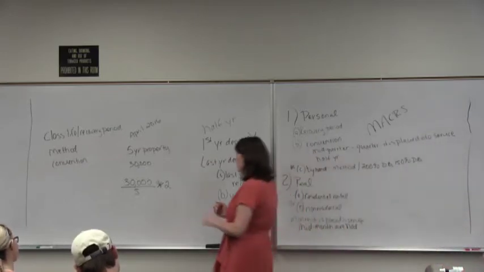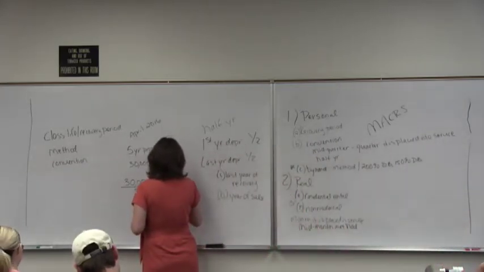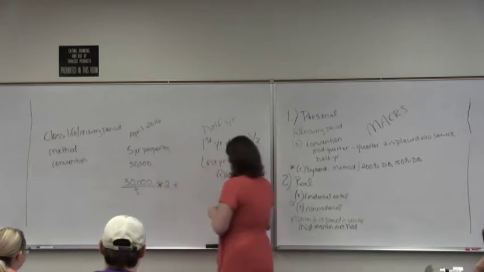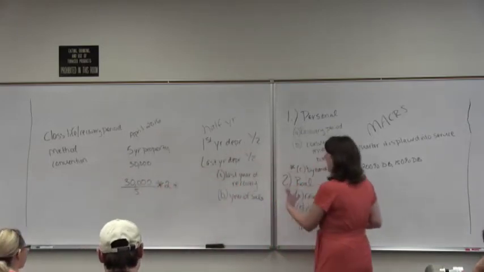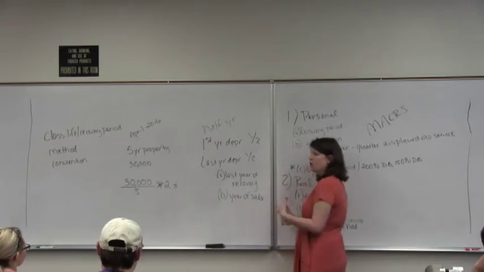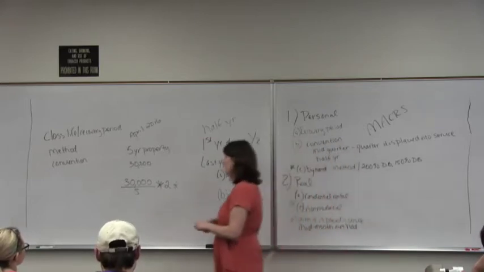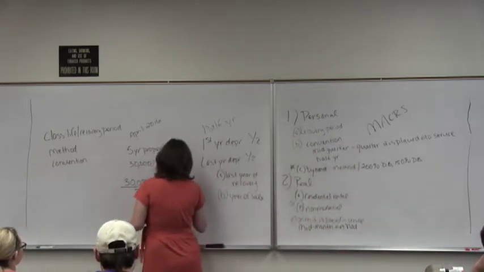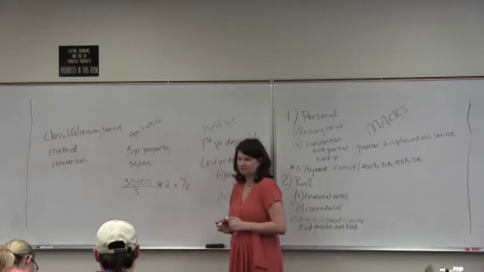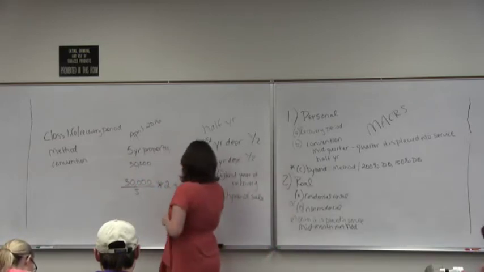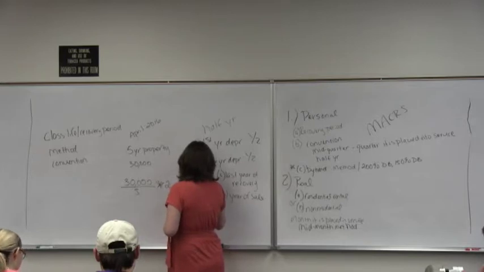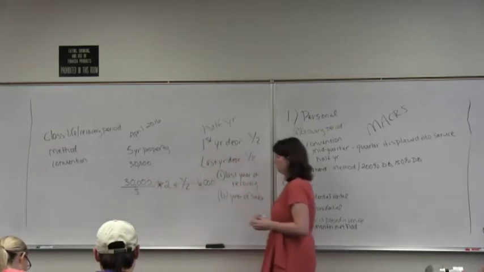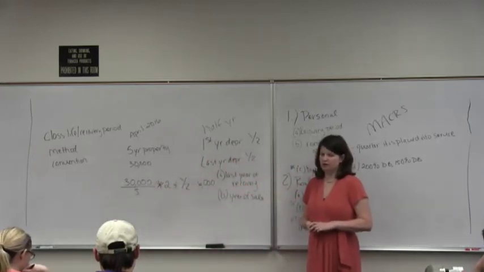And then in the first year, because we are using the half-year convention, they're only going to get half a year of depreciation. So we're going to multiply times 1/2. So in the first year, they're going to get depreciation of $6,000, if you do it longhand.